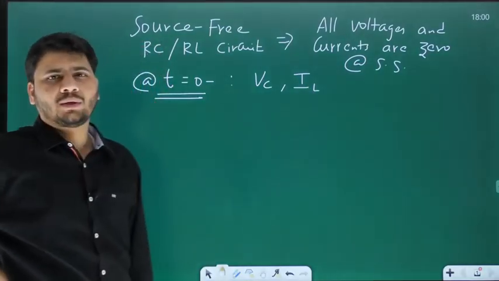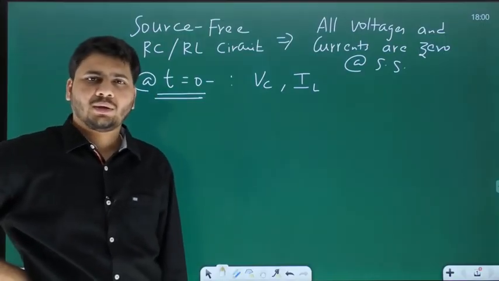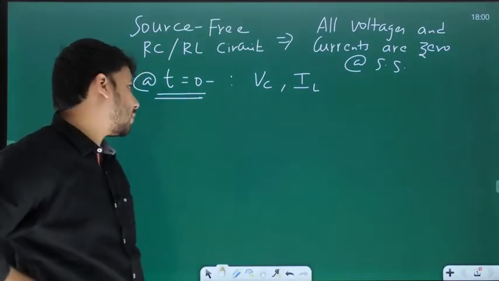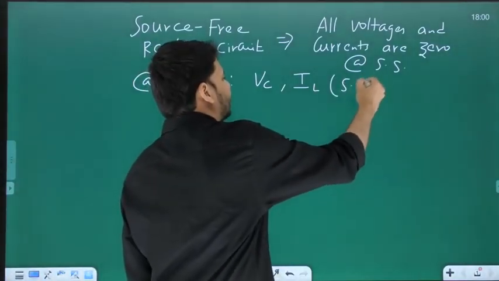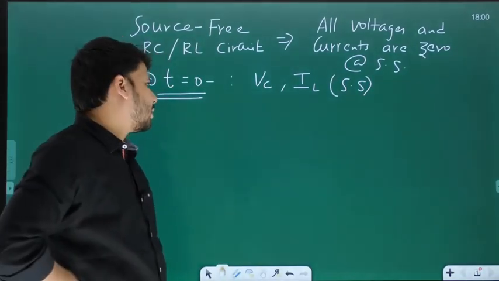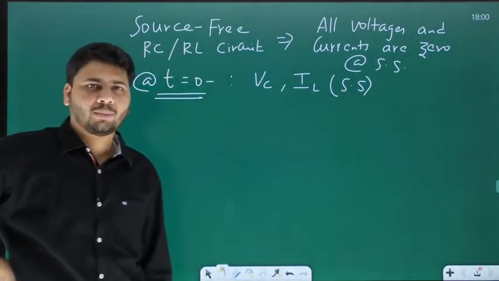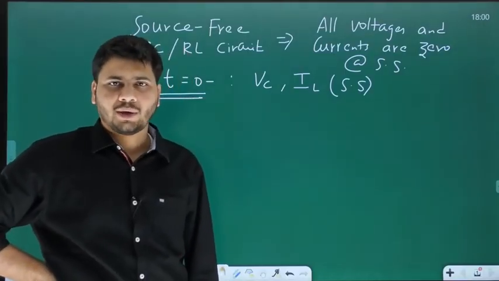Of course, the assumption is that the circuit starts at t equal to minus infinity, so that at t equal to 0 minus, it reaches steady state. And if it is a DC steady state, the capacitor can be assumed to be an open circuit, and the inductor will behave like a short circuit and so on.